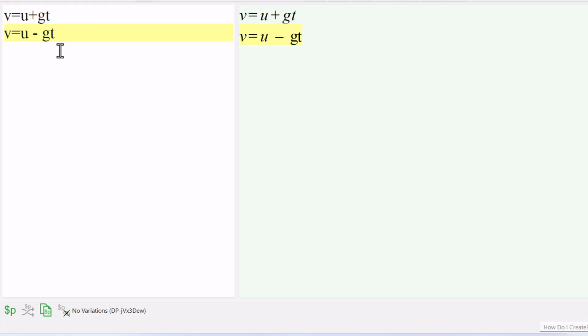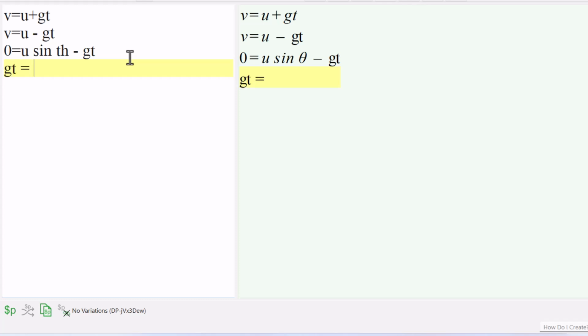Okay, now v is going to be 0, so 0 equals u. And remember, this is a vertical motion, so it's going to be u sine theta minus gt. Now make t the subject of your formula, which becomes gt equals u sine theta.